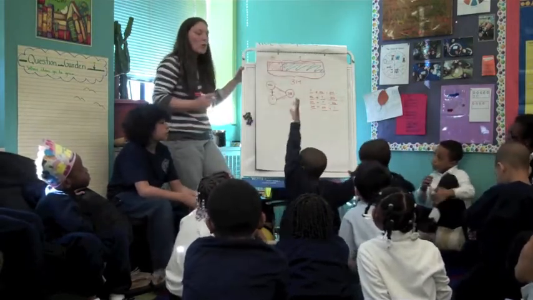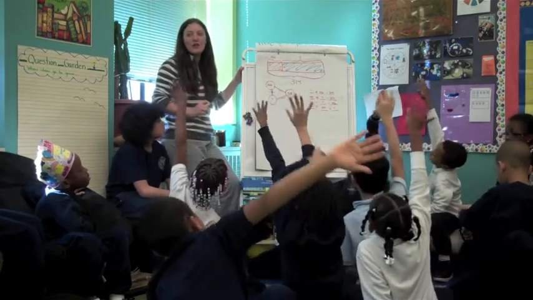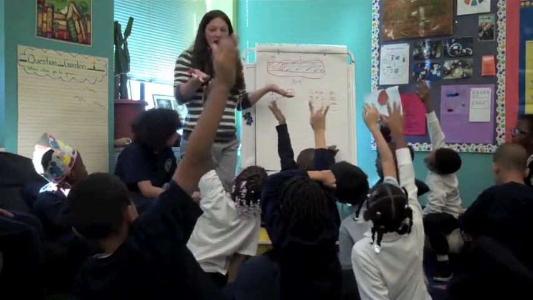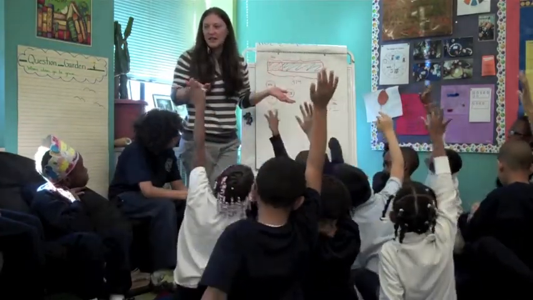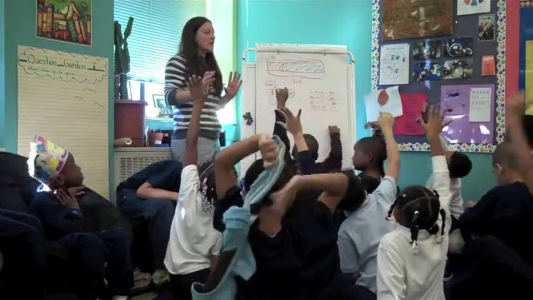Excellent. Which problem is easier to solve? Remember we said when we don't know the answer, we can solve for the answer pretty easily. So which one is the easiest to solve, Winter? The last one.